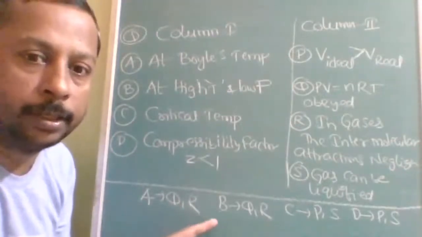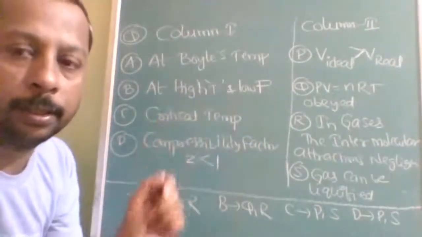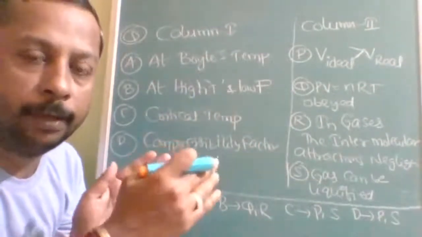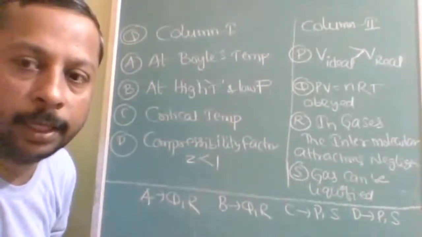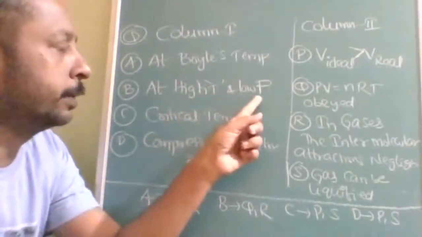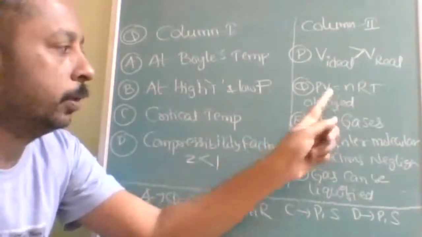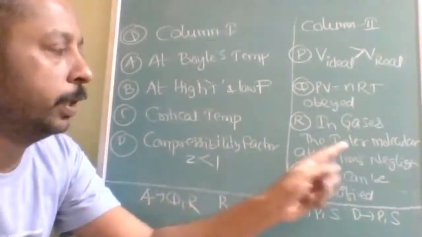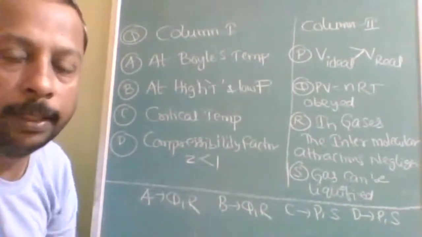B is also QR. High temperature, low pressure. So molecules will be very far away from each other, and they will be moving at very high speeds. So because of high speed and large distance between the molecules, they will obey the gas laws, and the intermolecular force of attraction will be negligible. Why B answer is QR?